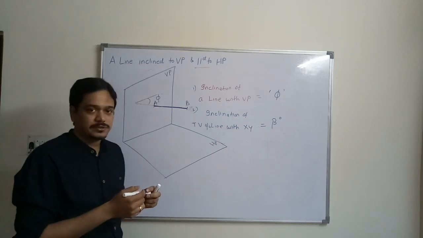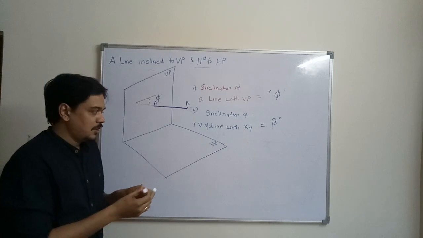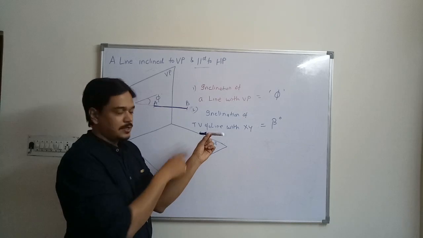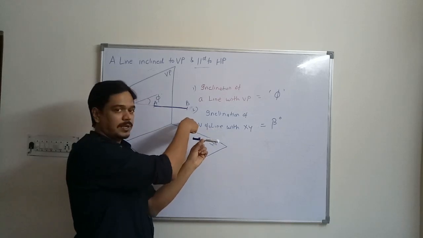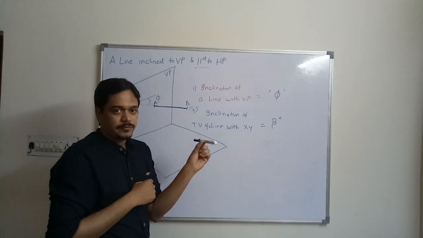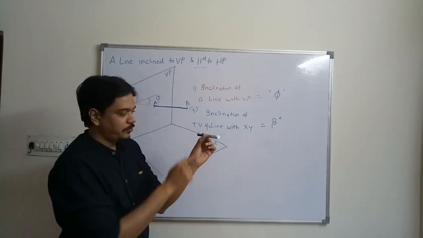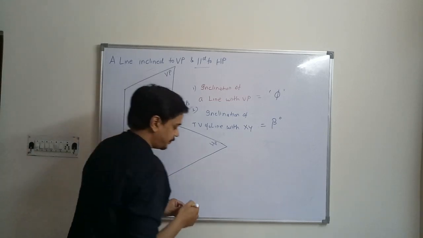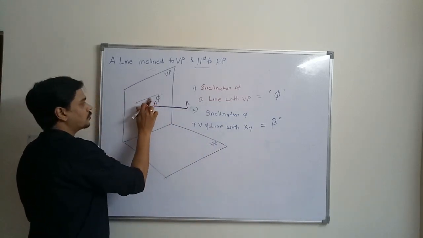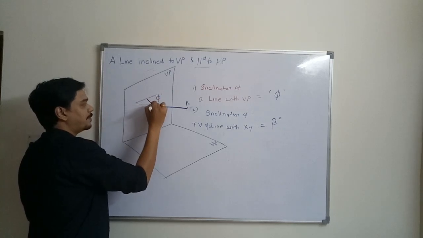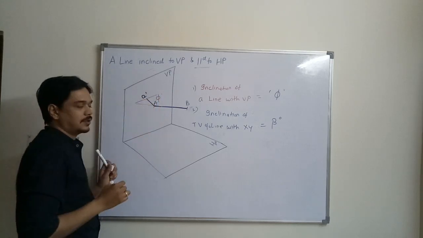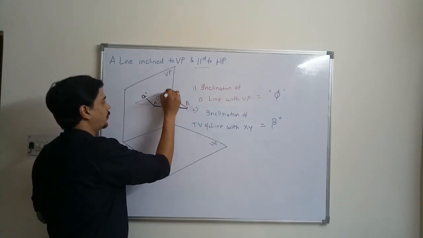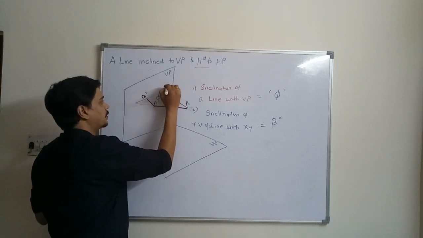If you obtain the projection of this line, you will project this point on the vertical plane, and similarly this point, and in top view this point and this point. So I am projecting this point over here. You will get one point A dash represented in the front view. Similarly, you will get another point indicated by B dash.